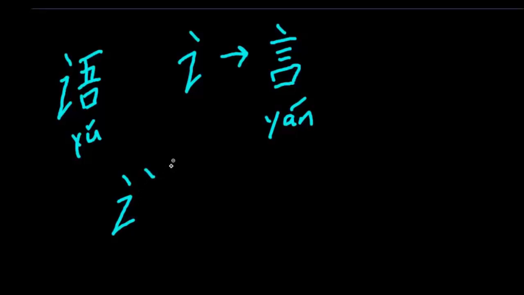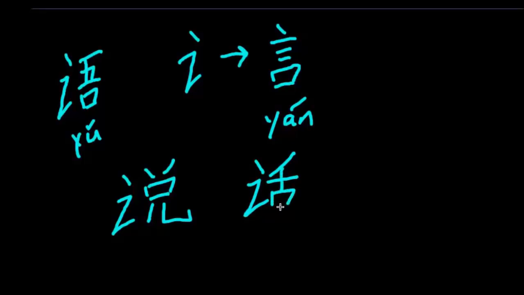Here we have another character. 说. 说 means to speak. You hear me say 跟我说. This one is 话. 话 actually means words.